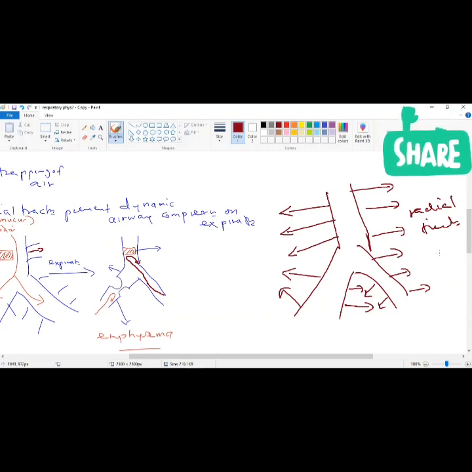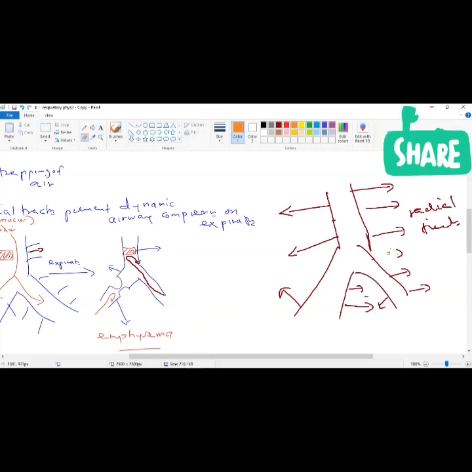In emphysema, what happens? There's destruction of the elastic fibers. So this is a healthy lung, a lot of fibers, radial traction keeping the airway open. In emphysema, there's less. Some of these are gone. They're going to be destroyed by elastase or trypsin.